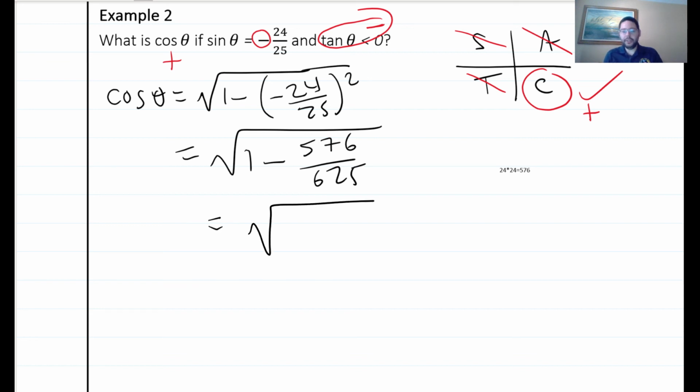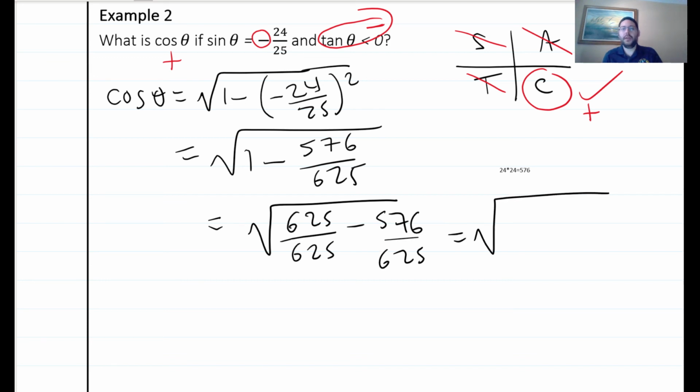Again, similarly, we're going to put this under one common denominator. So that's going to be 625 over 625 for 1. We got 625 minus 576. Let's do that real quick.